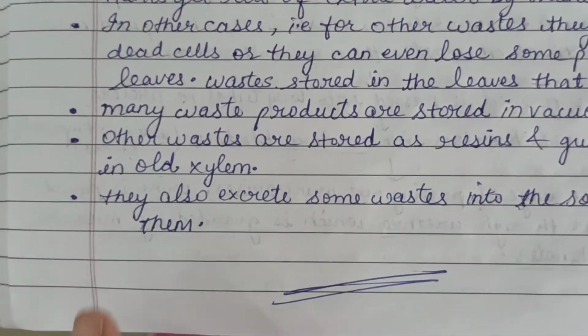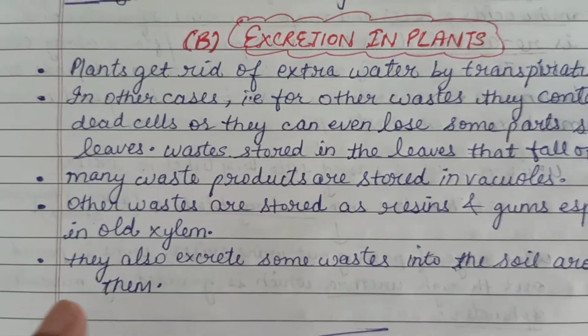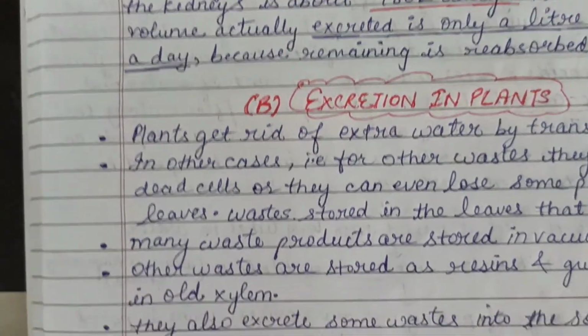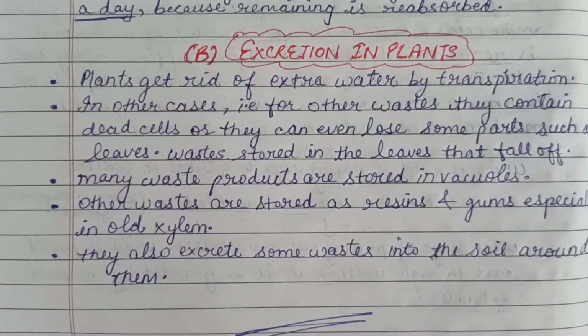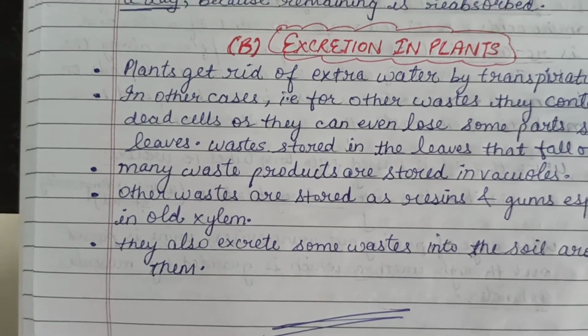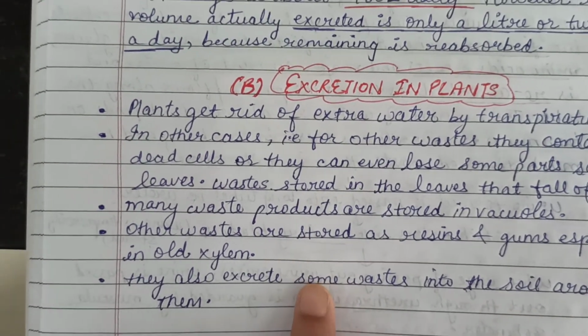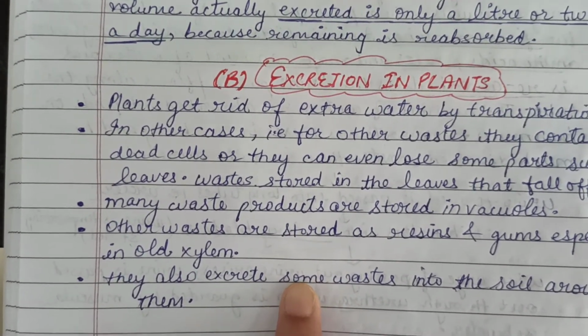Plants also excrete some waste into the soil around them. So in this way, plants get rid of their waste material. So students, this was all about the excretory system in animals, in human beings, and this is the method of excretion in plants.